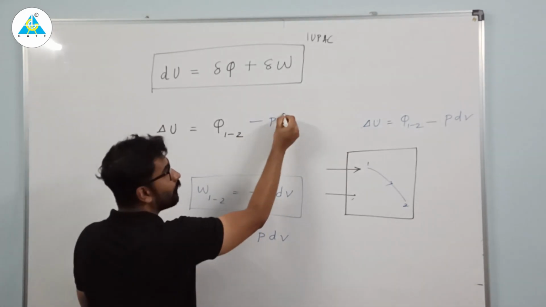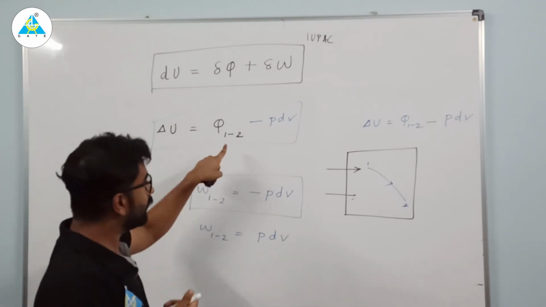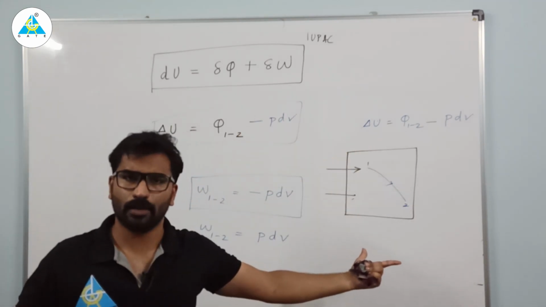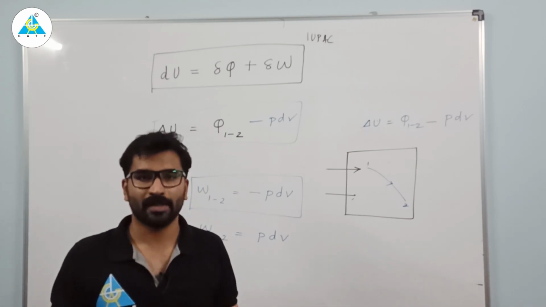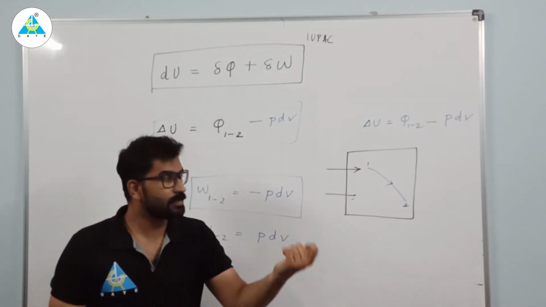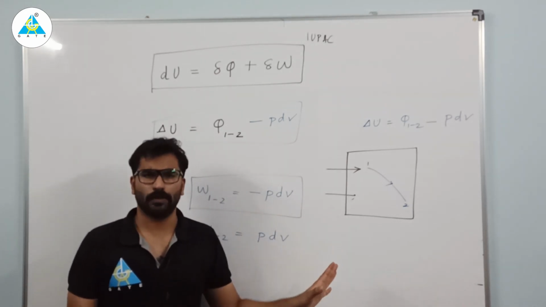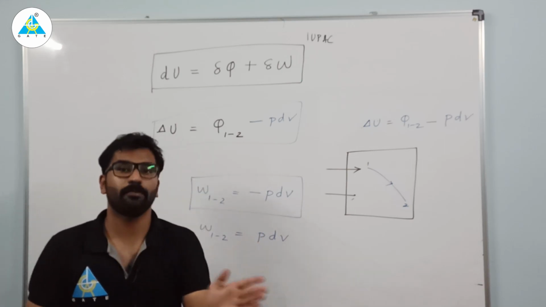So you can see here, both for chemical and mechanical, we are using the same equation, Q12 minus PdV. दोनों same है ना? ठीक है? So everything is same. Only thing is you need to understand what is the difference between these two. That's all. Clear? So there should be no confusion regarding the sign convention from now on.